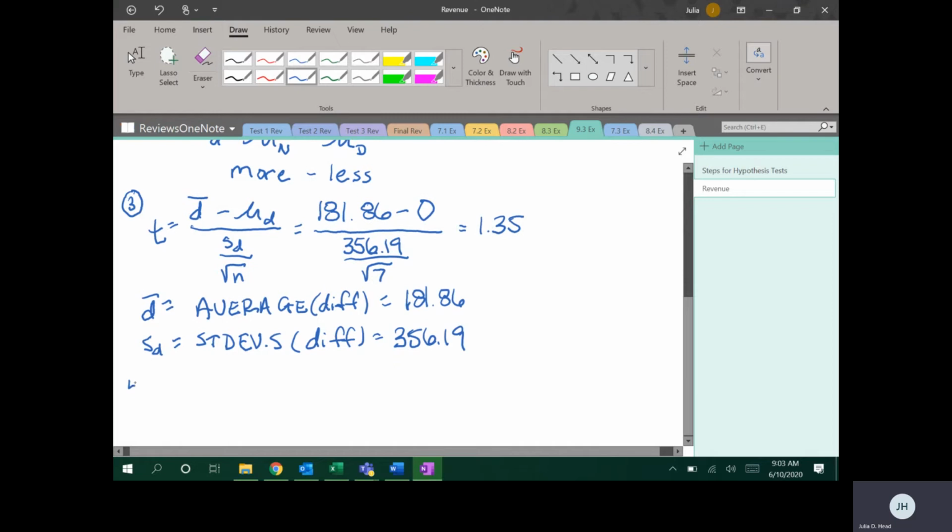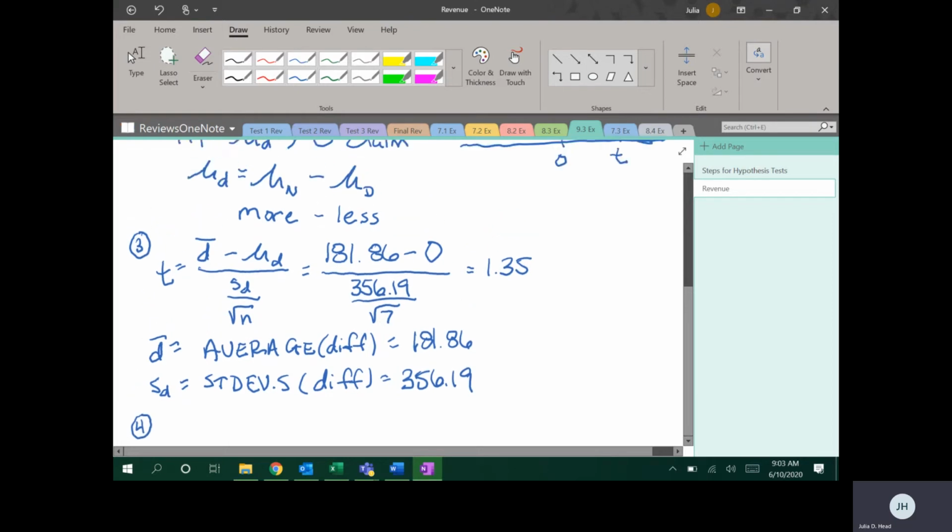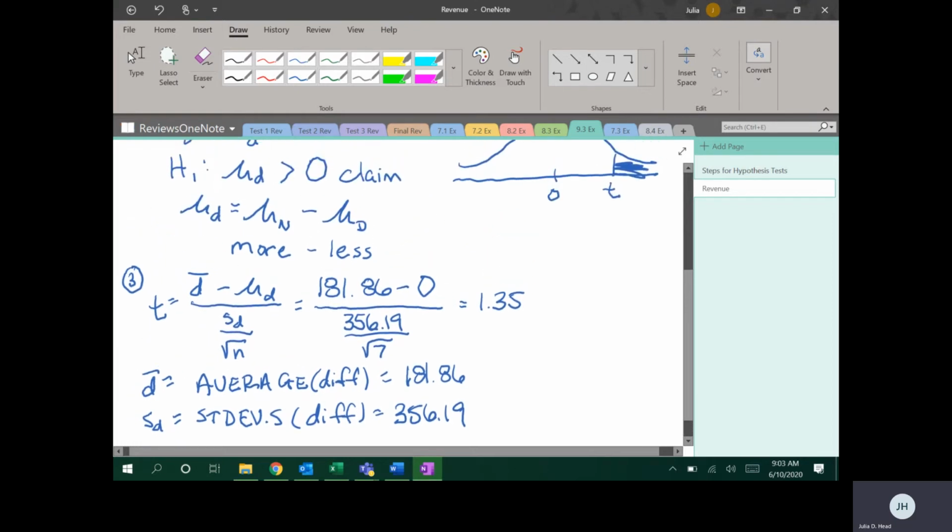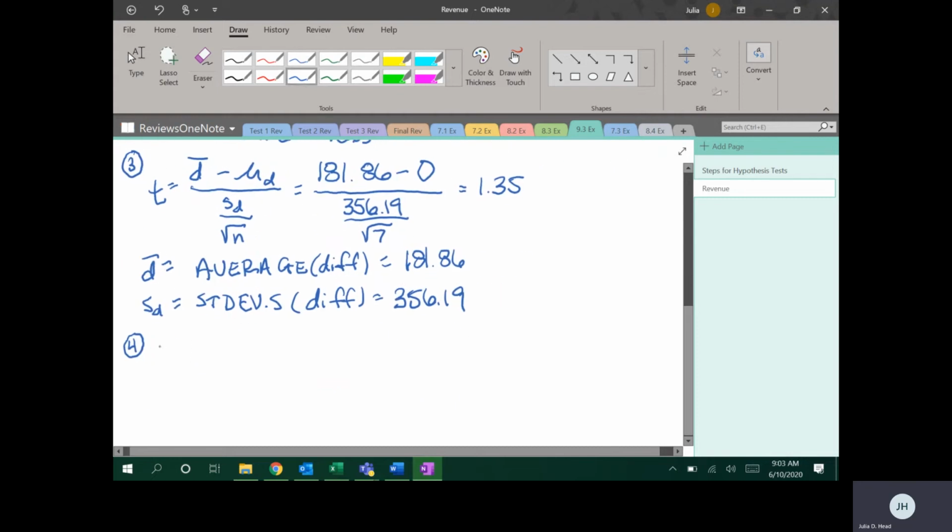So my p-value, notice this one is not two-tailed, so we don't need to multiply by 2, but it is on the right, so we need to use the complement rule.